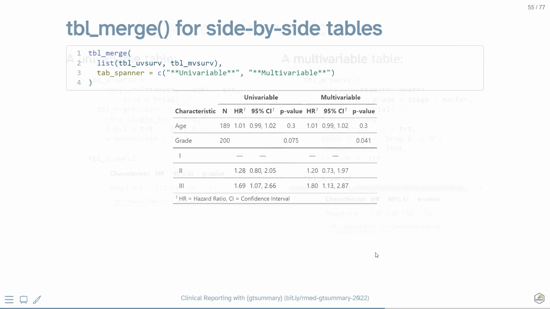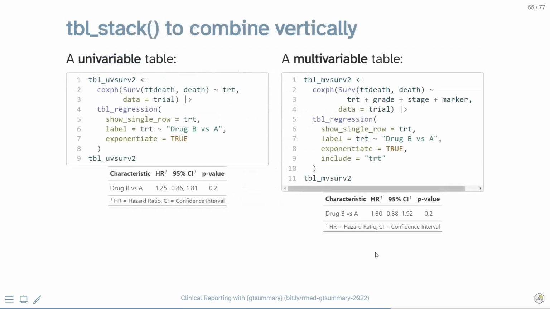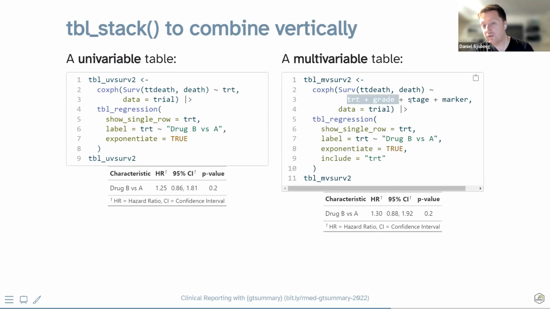Okay, thank you. So here we go through another very similar example where we're doing a univariable and a multivariable table, and you can see here that we're building the same Cox model. We actually have more variables here than we've shown in the past. But we're doing two new things. We are using this show_single_row argument.